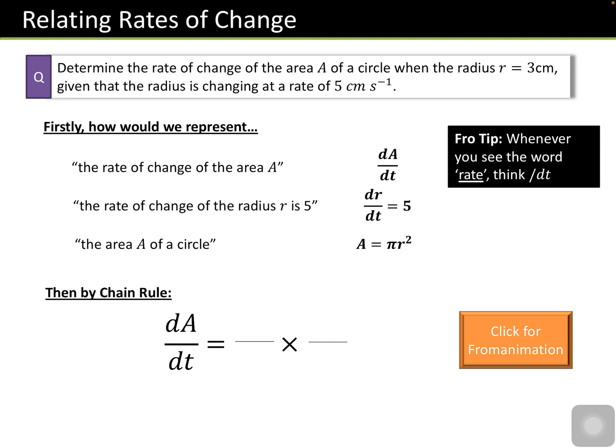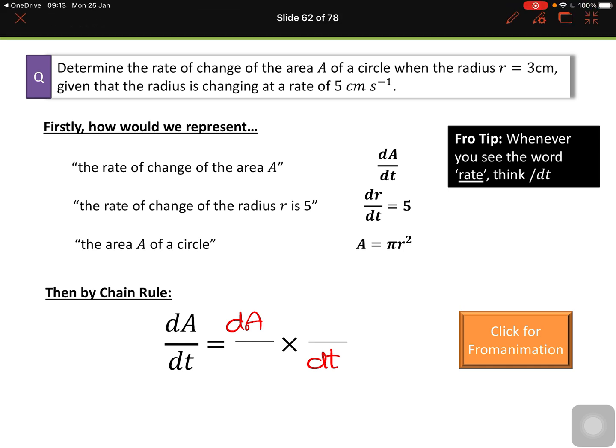Now, by the chain rule, I can find out what dA/dt is. If I need to work out what dA/dt is, I'm going to start with putting dA in one, dt in the other. Because I know when I combine them together, using the chain rule, as long as what goes in these two spots is the same thing, they will cancel out and I will be left with dA/dt.